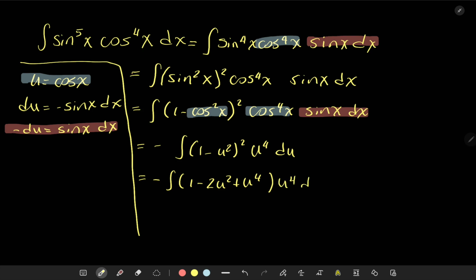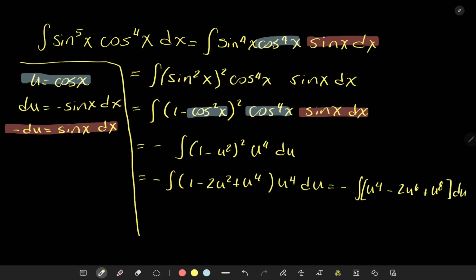fourth du. And now I distribute, and I'm going to have negative the integral of u to the fourth, put a parenthesis here to include everything with the du, minus 2u to the sixth, plus u to the eighth, remember, the exponents add when you're multiplying, and then du.